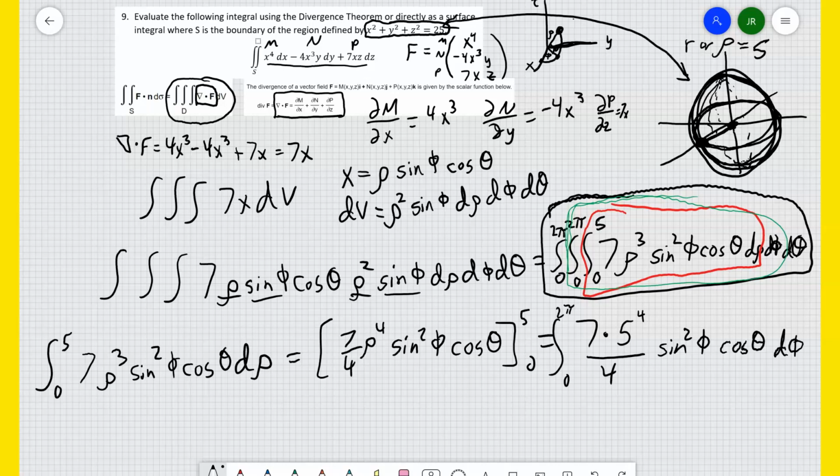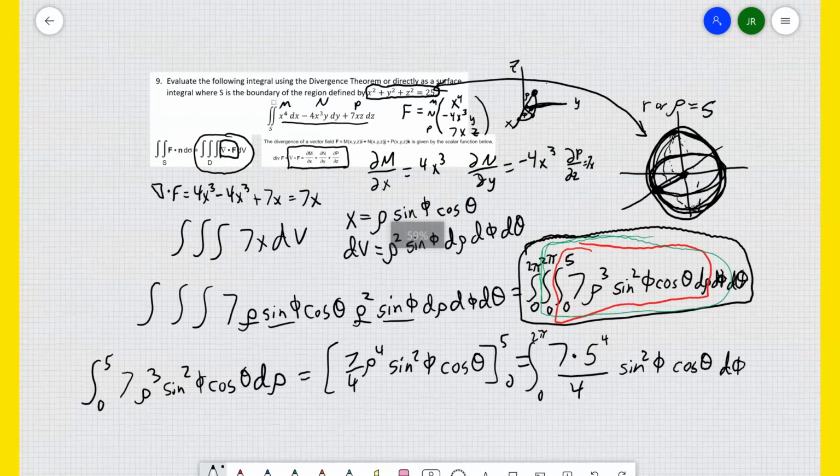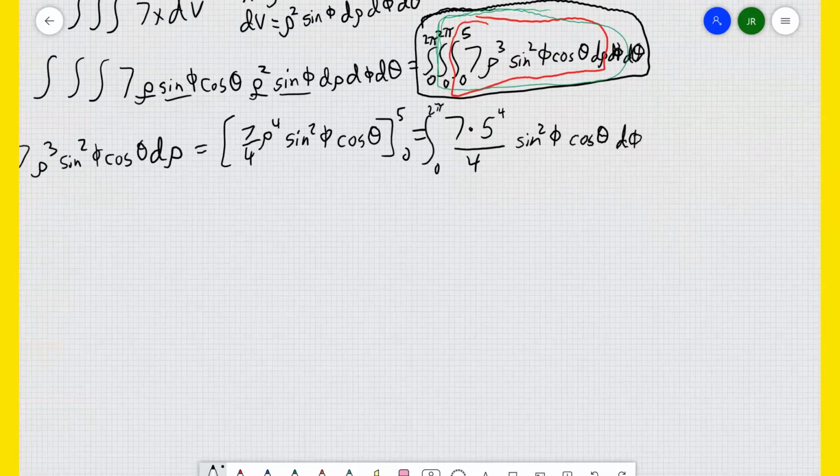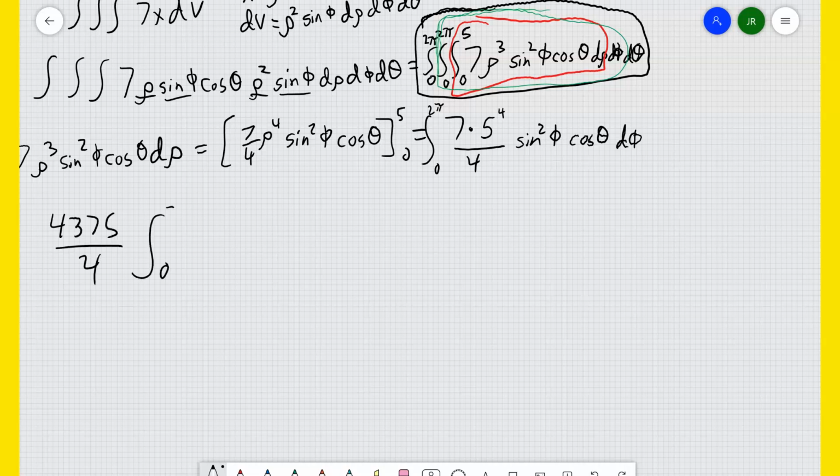I'm just going to pull that constant outside of the integral. It's 4375 over 4 times the integral from 0 to 2 pi of sine squared phi cosine theta d phi.